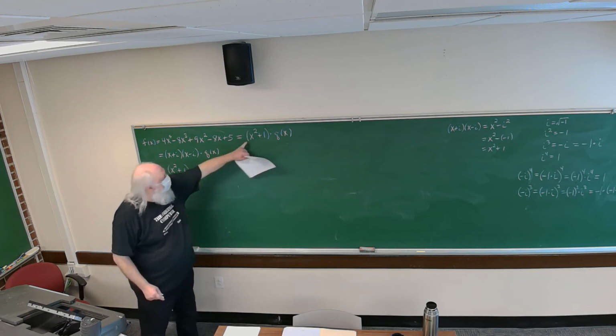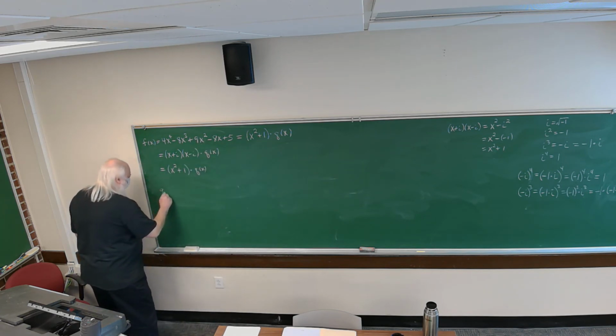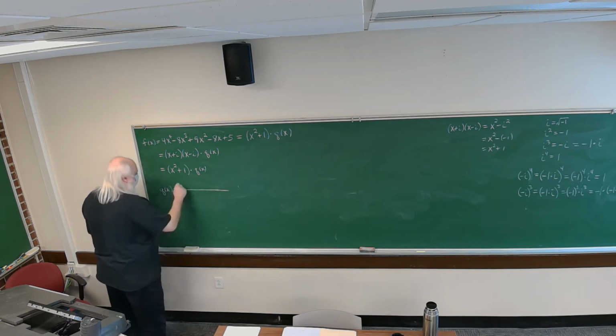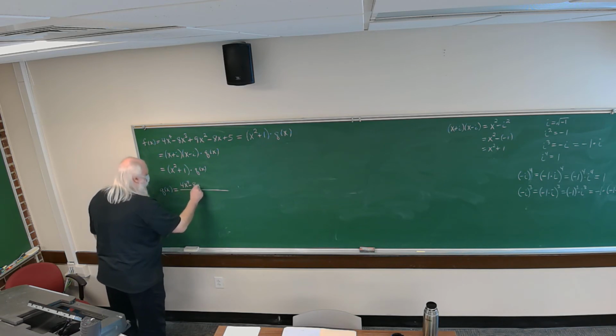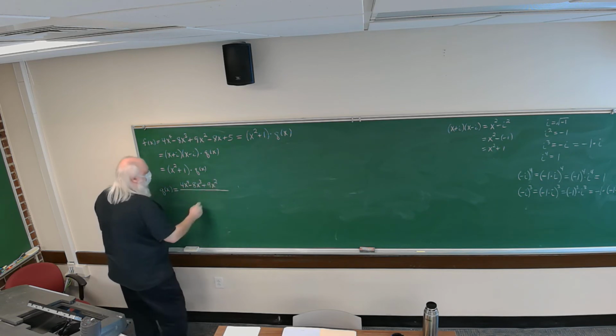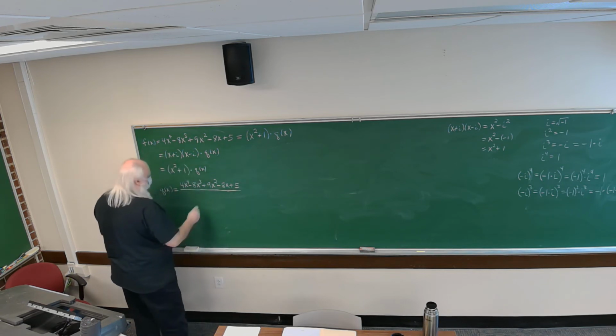So if I divide both sides by x squared plus 1, I have q of x is equal to 4x to the 4th minus 8x cubed plus 9x squared minus 8x plus 5 divided by x squared plus 1, right?